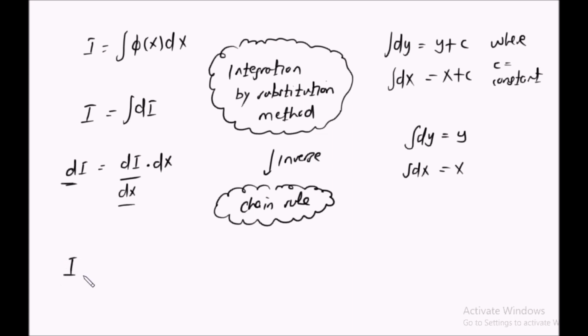Kumbe I sasa ni di, lakini di ni hii. So I have this and I have this. I want to compare these two. So I want to compare hii ya kwanza tulioanza nayo na hii ya pili ambayo tumeconceptualize hapo na tumeona it is true.